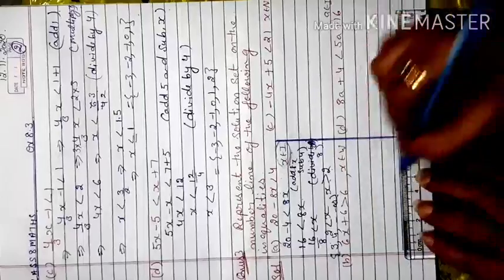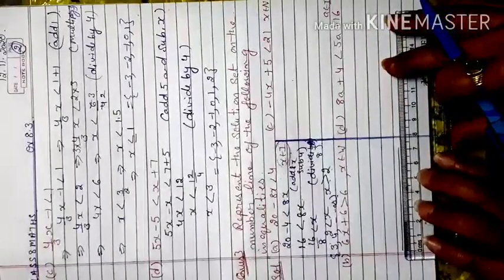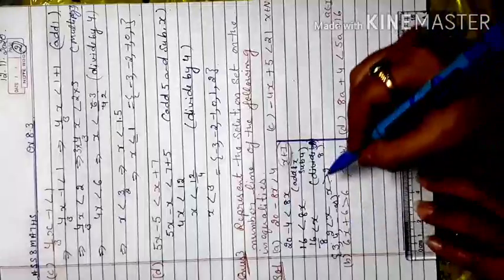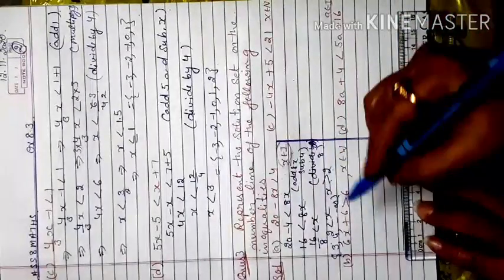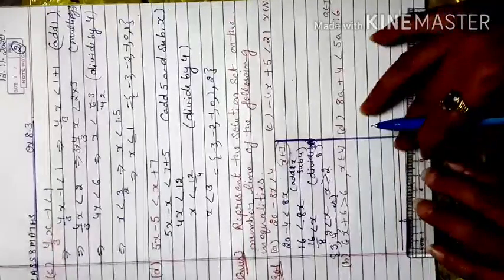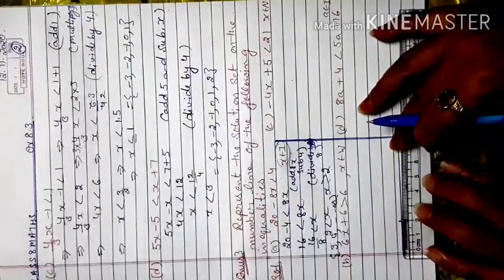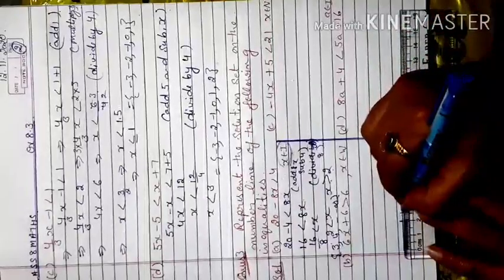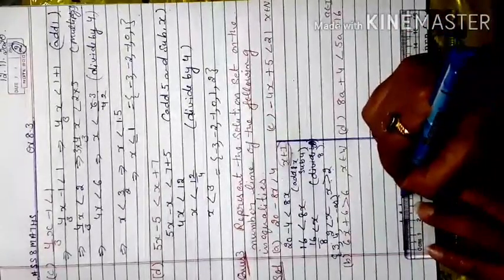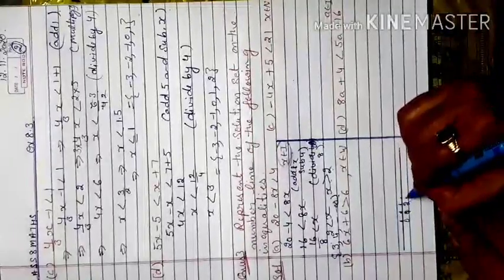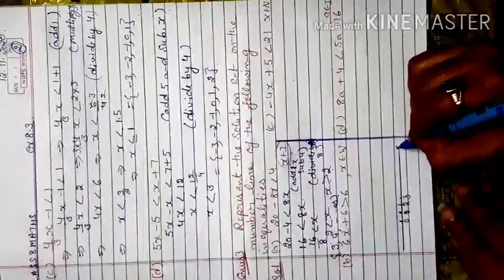When you draw the line, by marking 1 centimeter distance, you can mark the points here. If I have to show x is greater than 2, this is 0. You can take 1 centimeter, it's up to you how much distance you want to show here, like 0, 1, 2, 3 up to infinity.